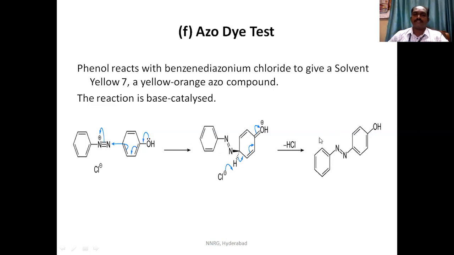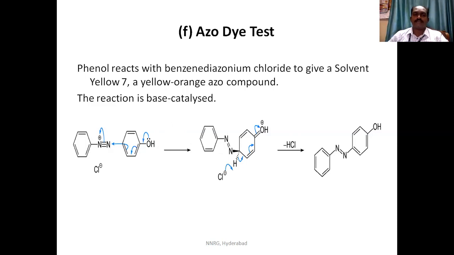So this is a base catalyzed reaction where HCl is lost. Here, if you take benzene diazonium salt reacting with phenol, we know that phenol has a lone pair of electrons. Phenol is an electron donating group. It tries to donate electrons to the aromatic nucleus, then undergoes resonance. So the negative charge will try to attack the positive charge of the diazonium salt.